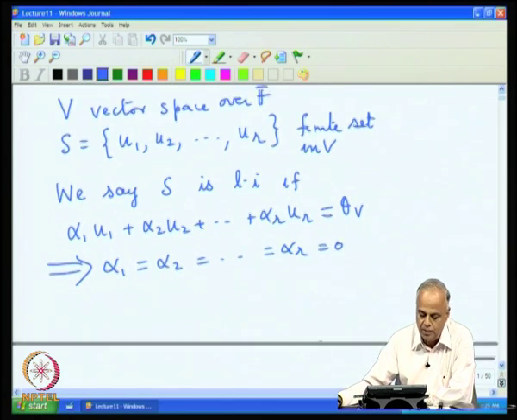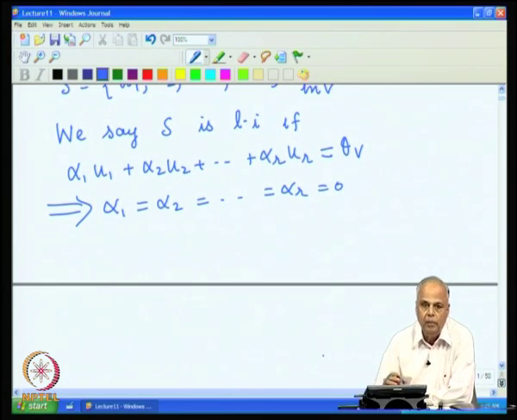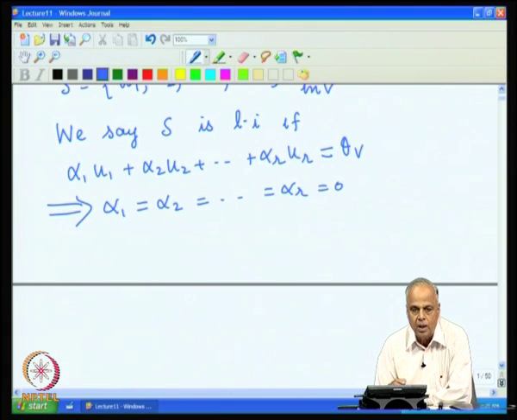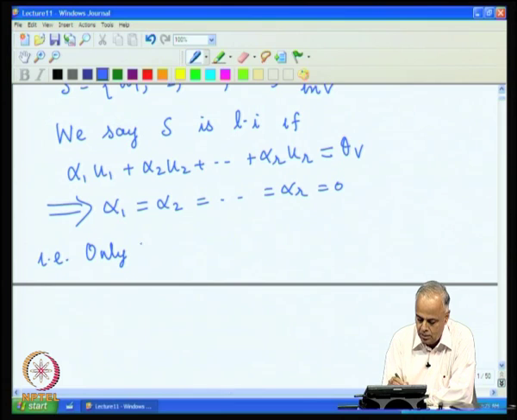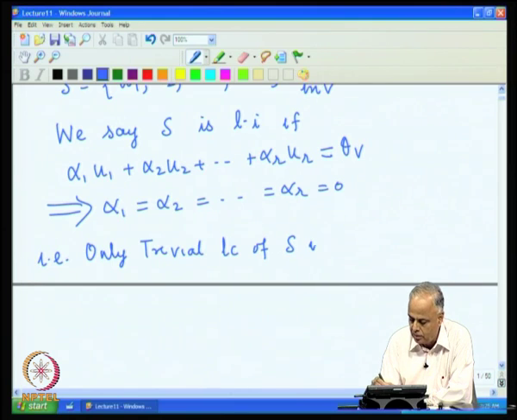This is the same thing as saying that the only way to get the 0 vector as a linear combination of the vectors in S is the so called trivial linear combination. So, only the trivial linear combination of S vectors, or the vectors in S, can yield the 0 vector.